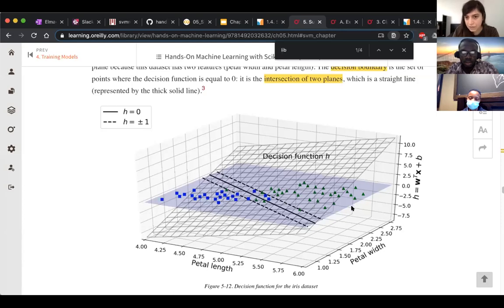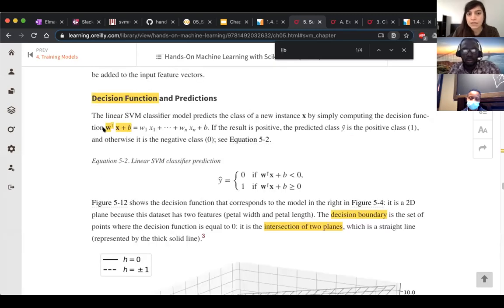So this is our data plane, and this is our decision plane. When these 2 planes intersect, by definition, this function is 0.